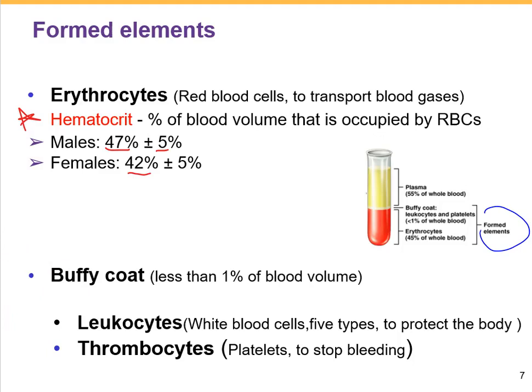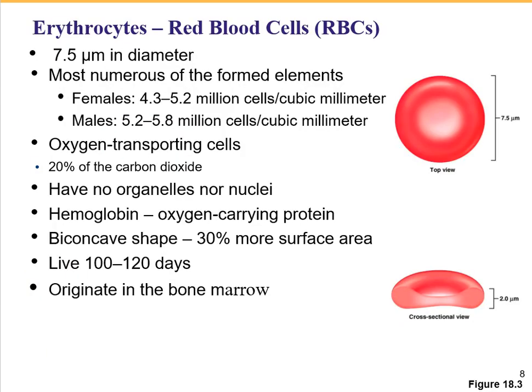Now let's talk more about the erythrocytes or red blood cells. These fascinating little structures known as red blood cells measure just 7.5 micrometers in diameter, so they are very tiny.